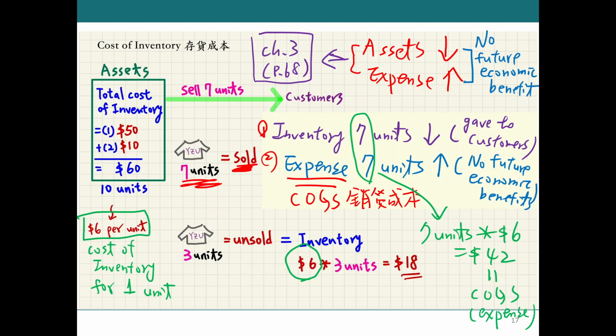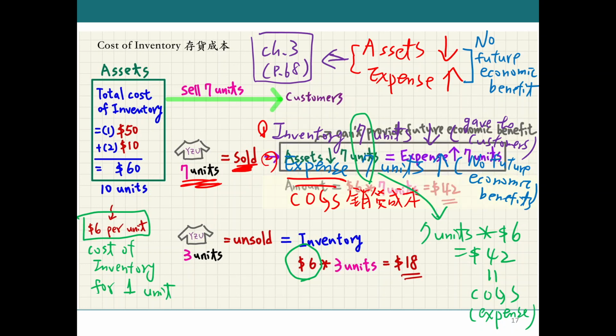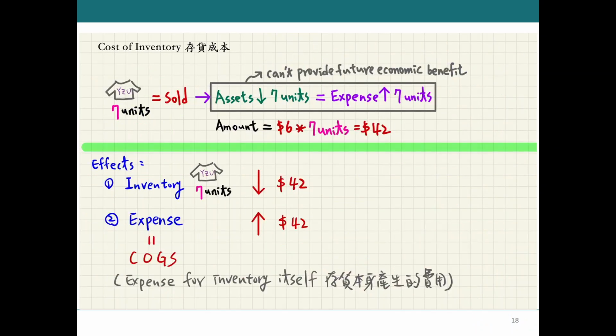Of course, I give you time to practice it. Any questions so far? It's quite important to understand the relationship, because if you don't understand the relationship, it's quite hard to handle more difficult situations. So after I got the numbers, where you could find the number, I know my inventory decreased 7 units.